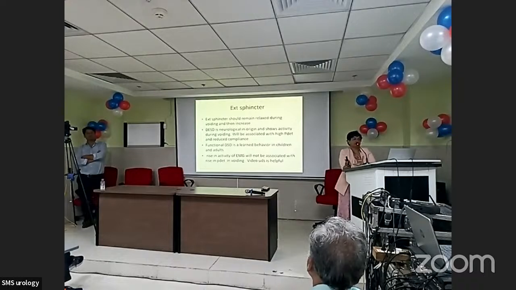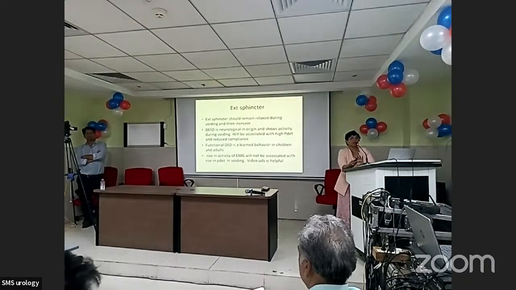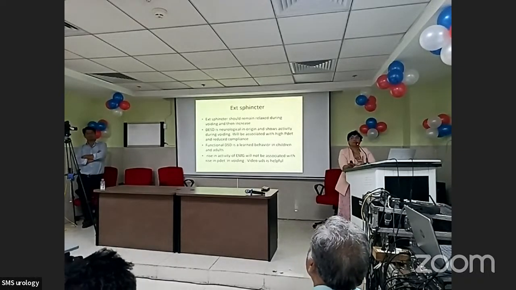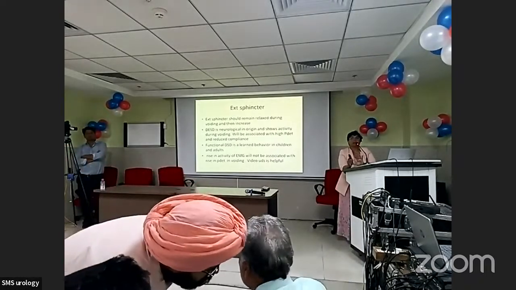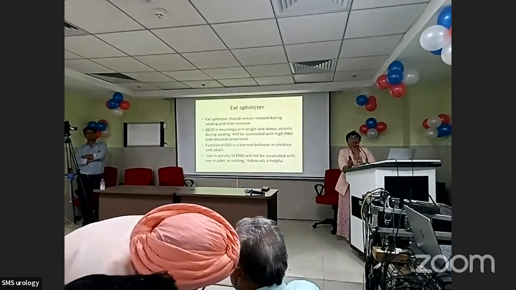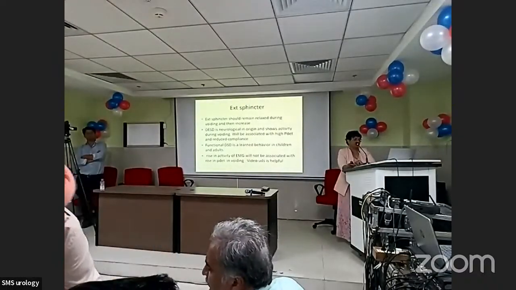This is DSD. Now, there are different types of DSD, and DSD may be associated with rising P dead, it may be associated with reduced compliance. These are additional things which can happen with DSD, but the diagnosis of DSD is very simple: the pressures are rising and the detrusor pressures are also rising. So both of them rising is DSD.